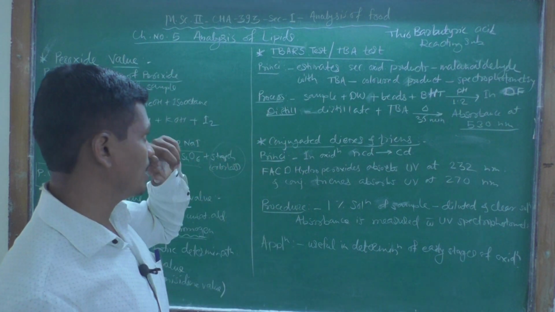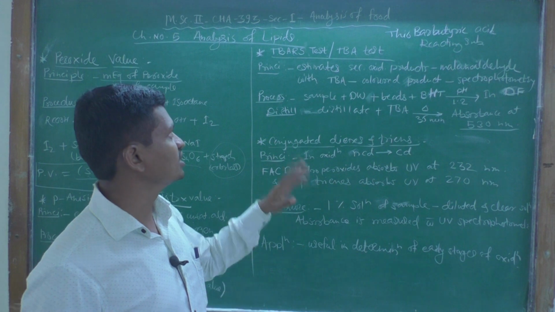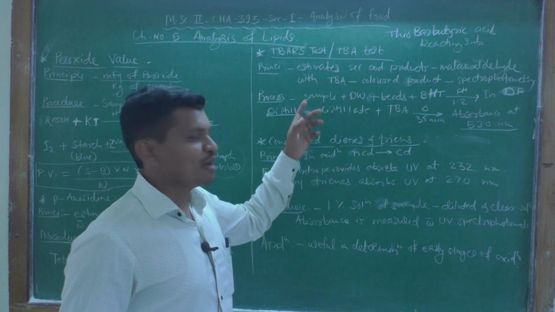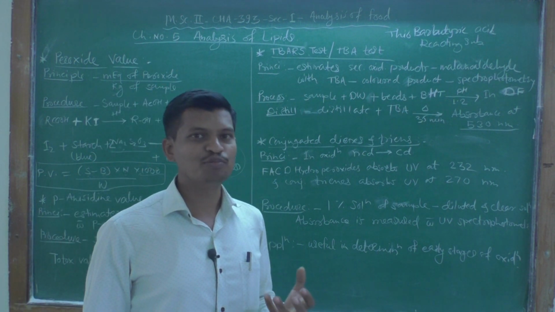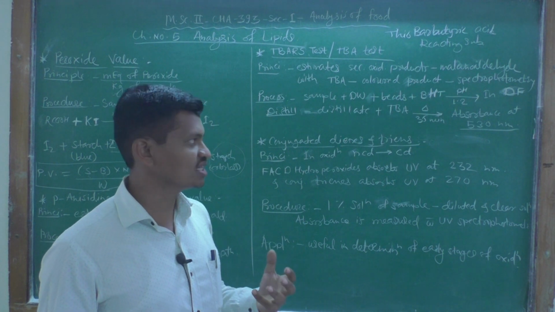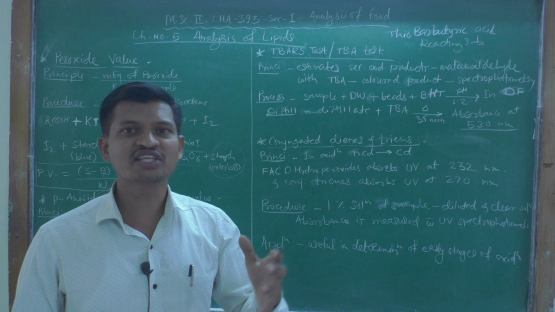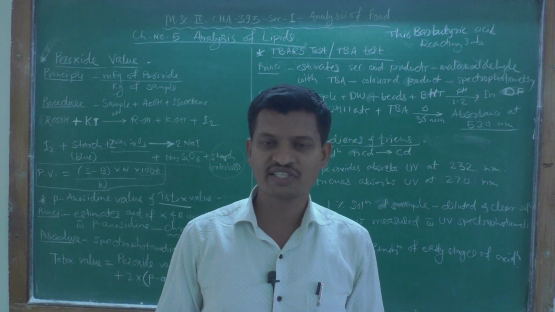Now the procedure to follow for this T-bars test or TBA test is that the sample is taken in highly pure deionized distilled water, and it is taken in a distillation flask. So we know the general distillation assembly.